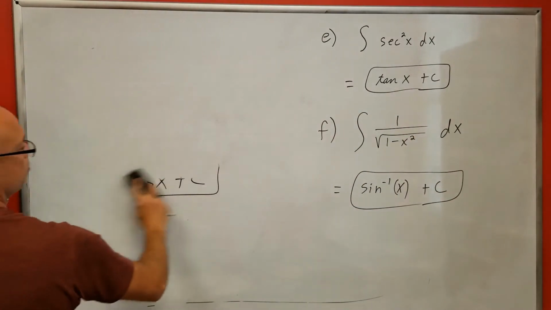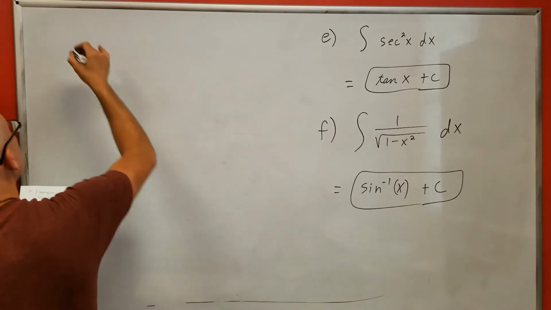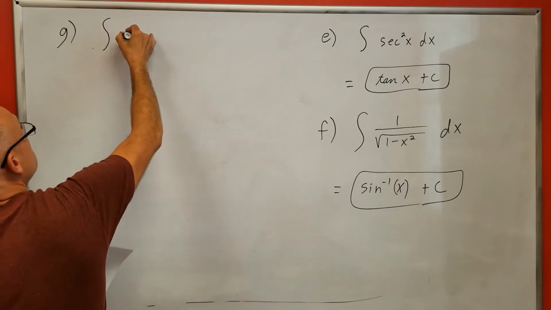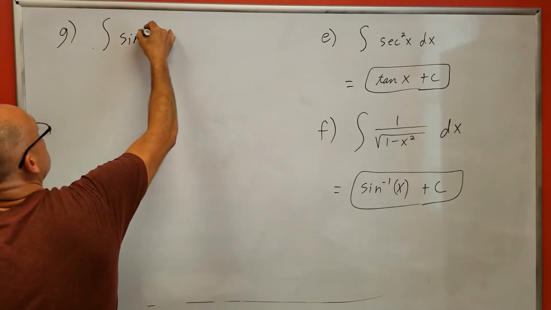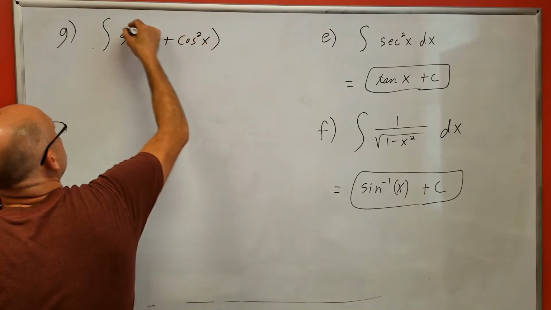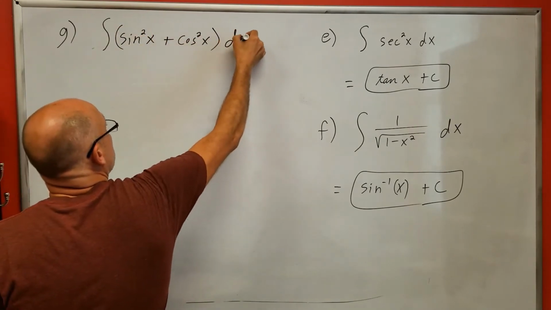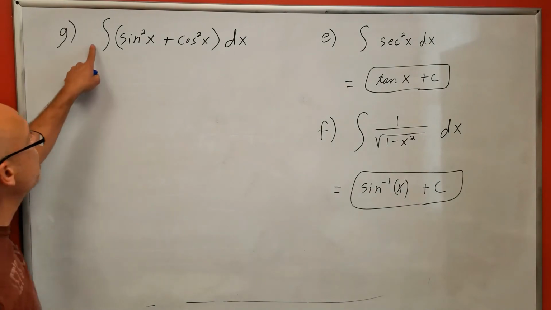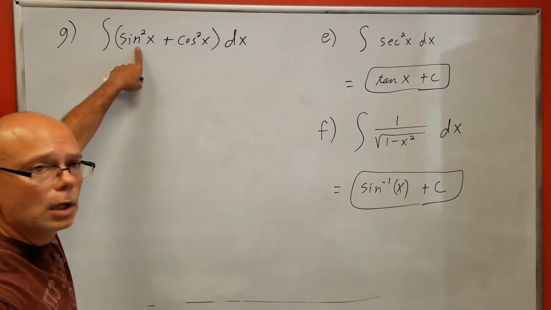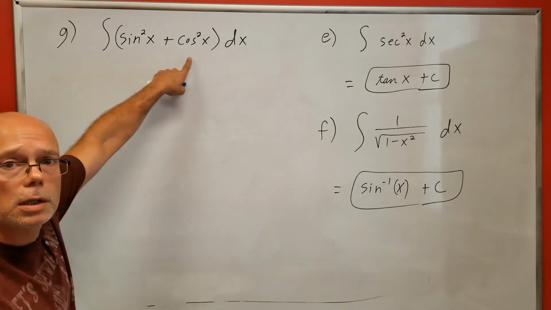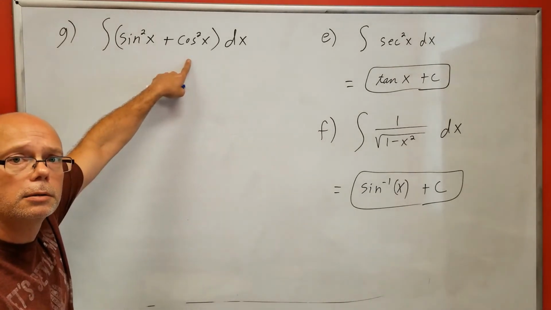Let's look at G. G, we have the integral of sine of x quantity squared plus cosine of x quantity squared dx. Well, if I try to break this up and take the integral of the sine squared, I don't know what that is. Integral of cosine squared, I don't know what that is either.